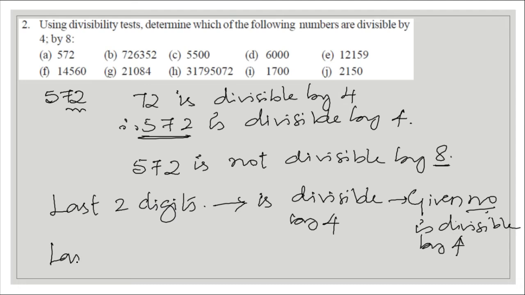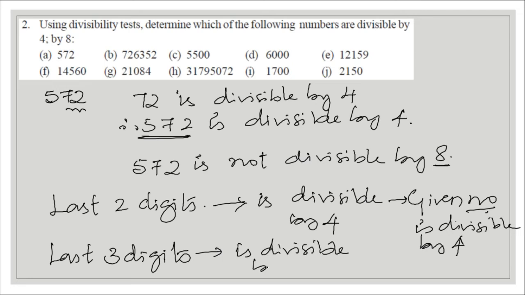If you take the last 3 digits, if the number is divisible by 8, then the given number is divisible by 8.